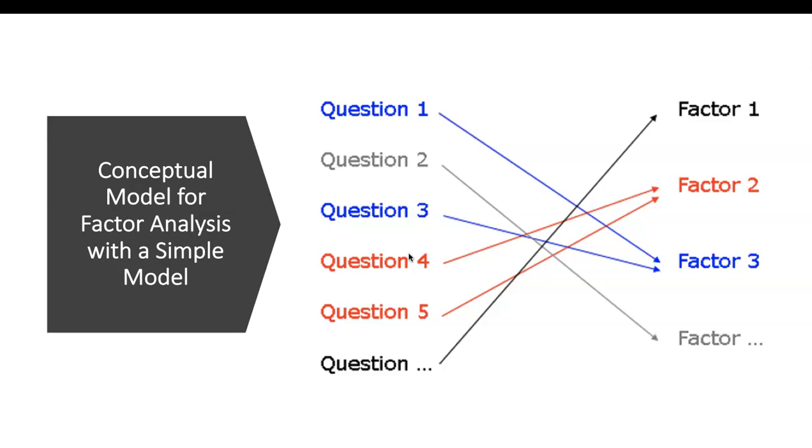Instead, we mix them up. So you can see in this particular case, your factor 3 was loaded with question 1 and question 3, and question 4 and question 5 both loaded on factor 2. When we say loaded, it means they grouped together toward factor 2.